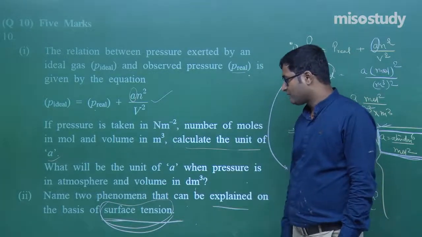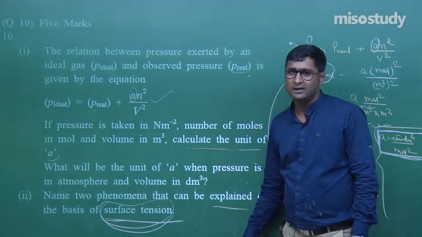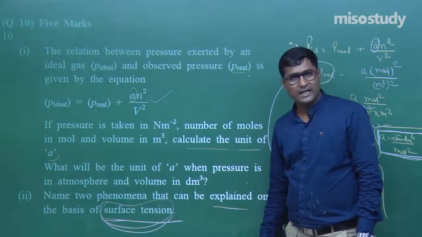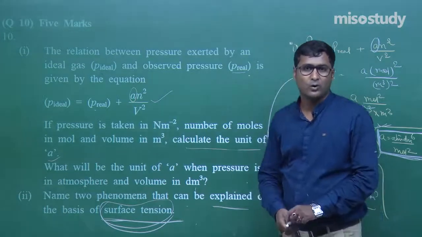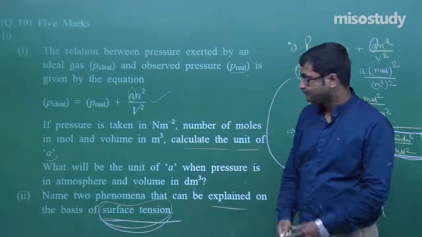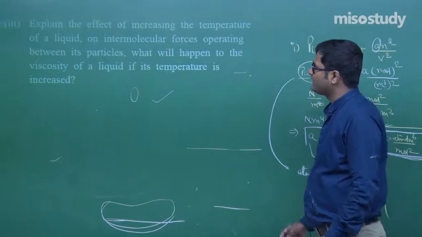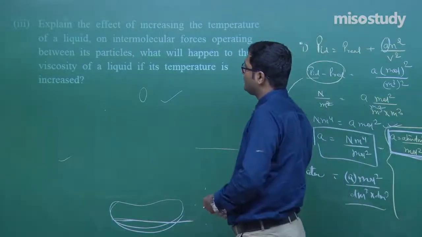So what are the phenomena that can be explained on the basis of surface tension? It's very simple: a spherical shape of the gas bubble or water bubble, and the second one is the capillary action. Clear? Yes sir.